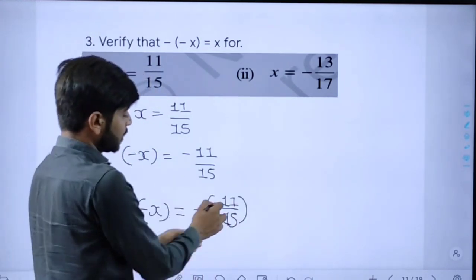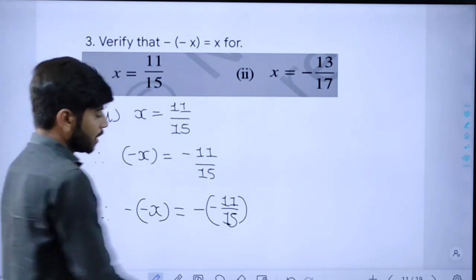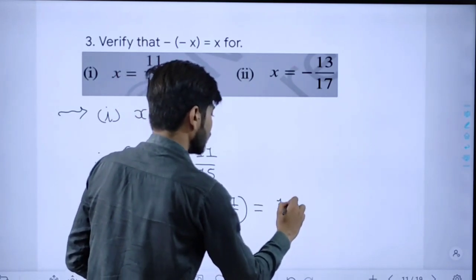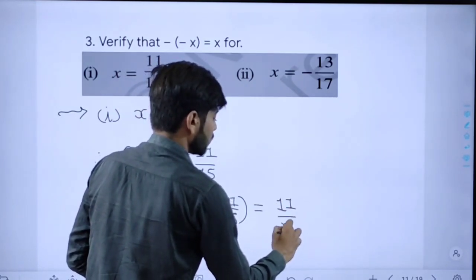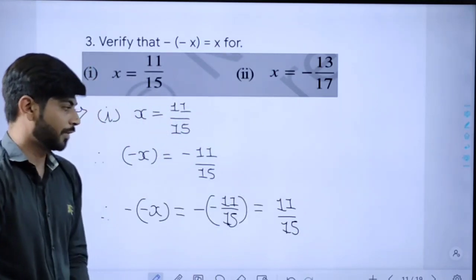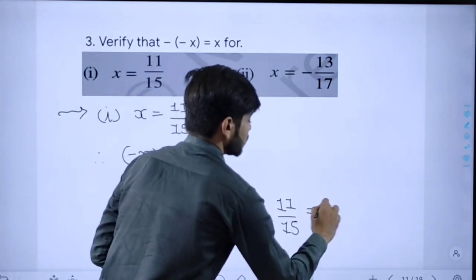Now you can see minus multiplied with minus, negative multiplied with negative, will be positive. So we will get positive 11 upon 15 and we know that 11 upon 15 is the x.